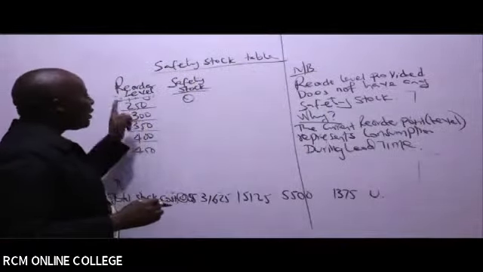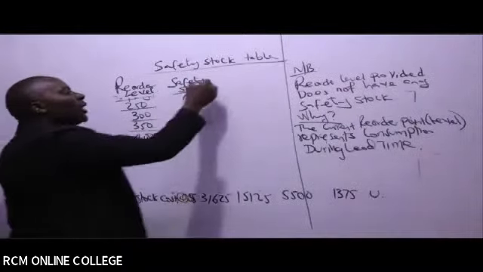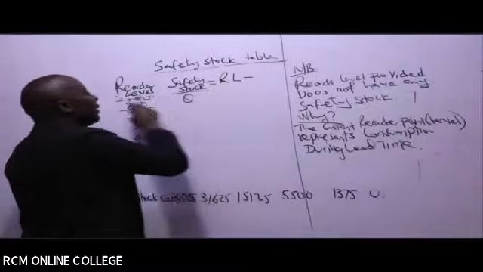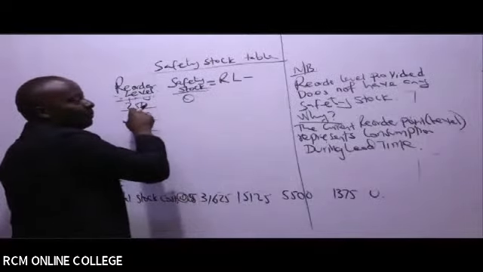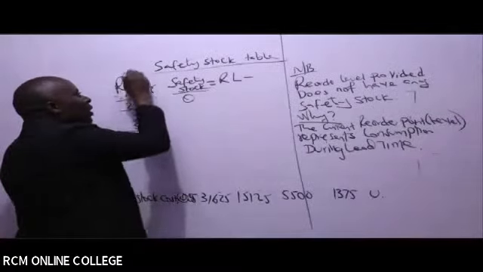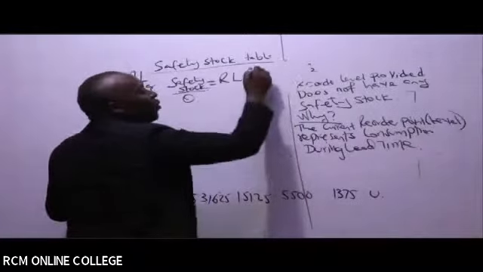So the very first one given here does not have any safety stock. Anytime you want to get safety stock, you take this reorder level minus the first reorder level.